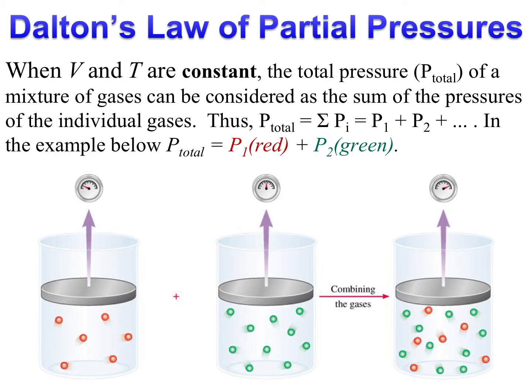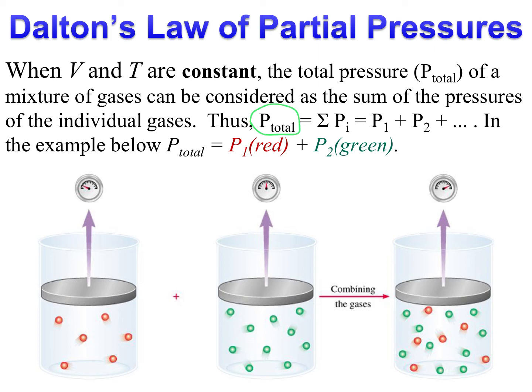Dalton's law of partial pressures. When volume and temperature are held constant, the total pressure, P total, of a mixture of gases can be considered as the sum of the pressures of the individual gases.